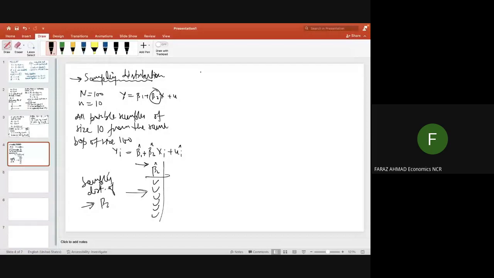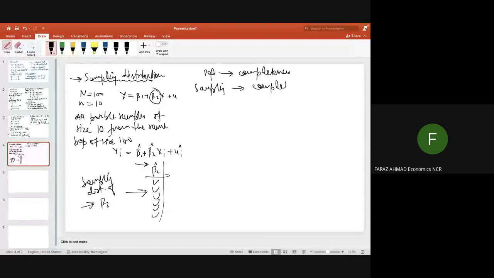For example, when you talk about population, population has completeness, right? It has everything. And sampling distribution also has completeness in the sense that it is the distribution of a population parameter using the samples, all possible samples. This statement is important: all possible samples.